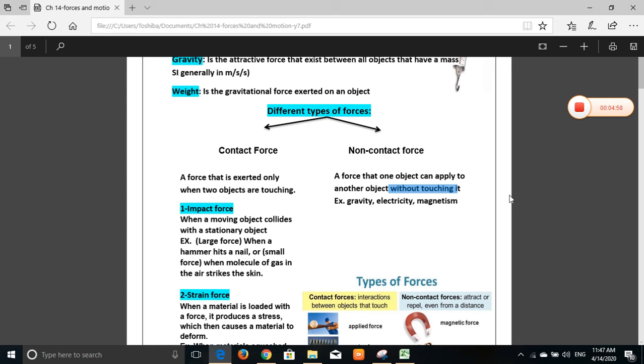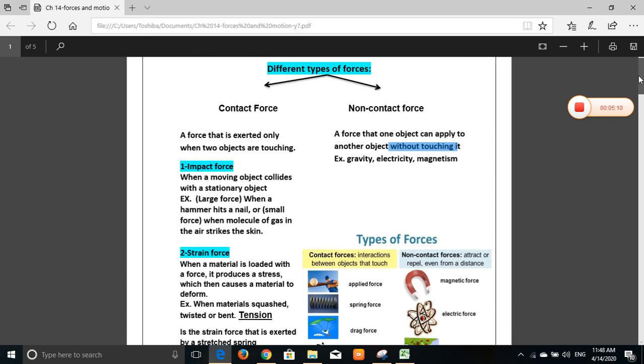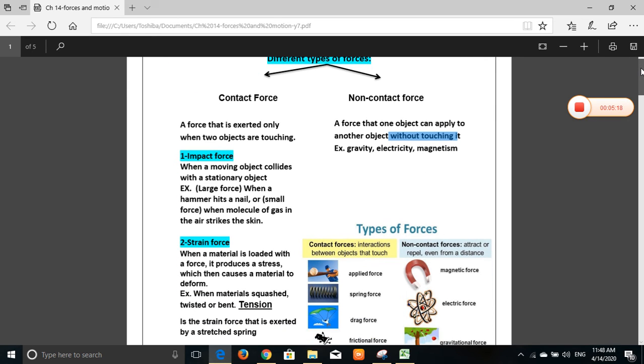I can't see the particles or the magnetic field, but I see the results, attraction or repulsion.